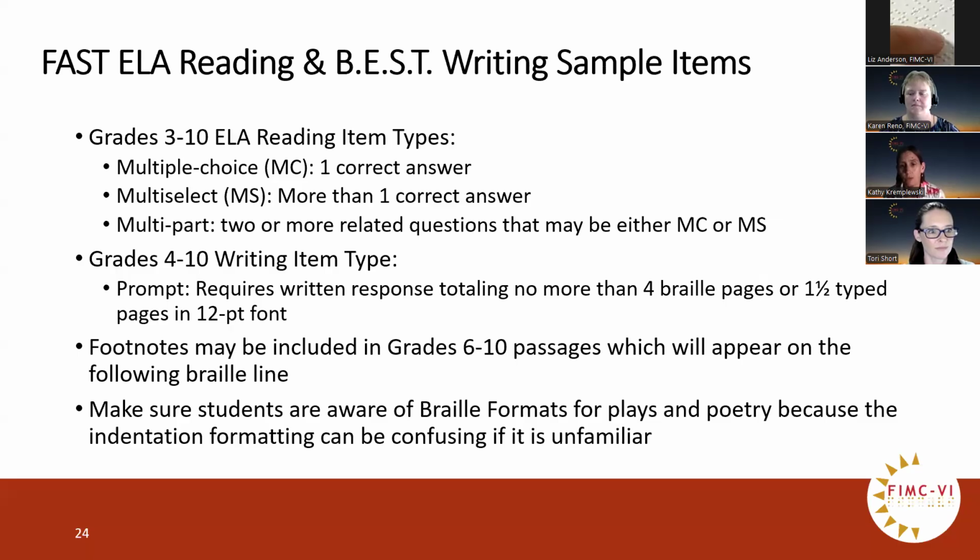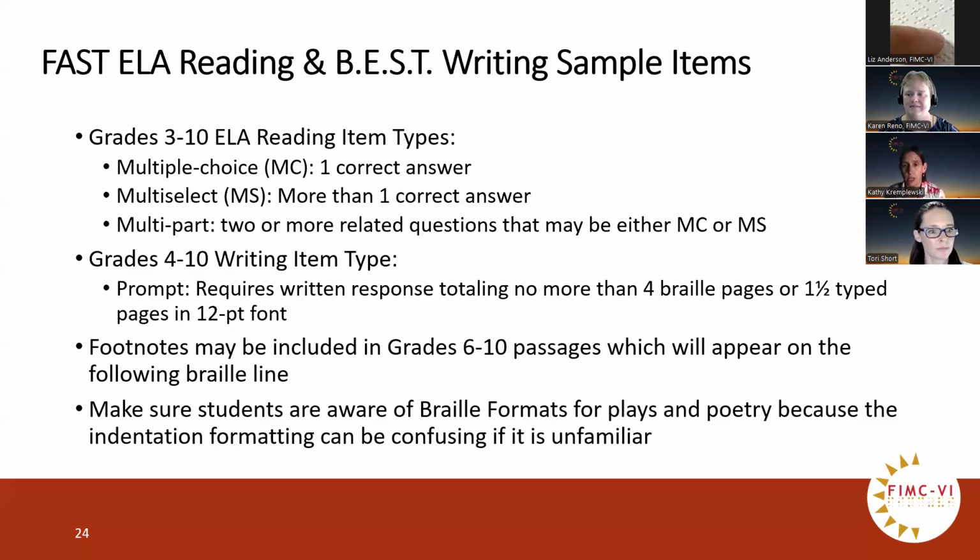It requires written responses totaling no more than 4 Braille pages or 1.5 typed pages in 12-point font. That will be important for your students using note takers to know what their limit is. Footnotes may be included in grades 6 to 10 passages, and they'll appear on the following Braille lines.